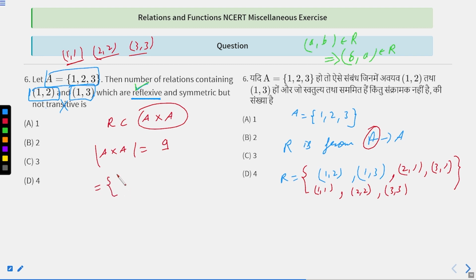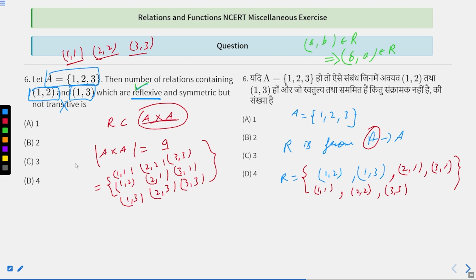Those 9 elements will be 1, 1, 1, 2, 1, 3, 2, 1, 2, 2, 2, 3, 3, 1, 3, 2 and 3, 3. So these are the total 9 elements in A cross A.